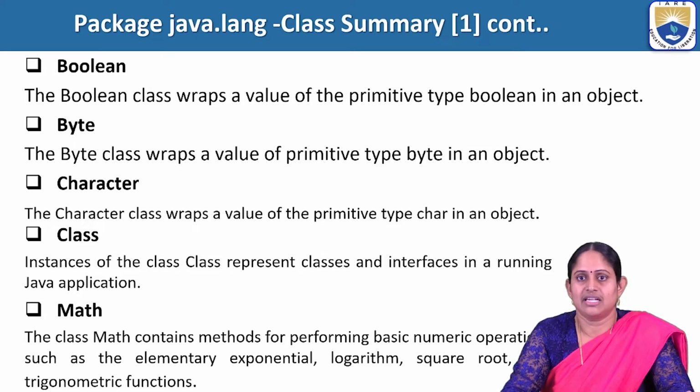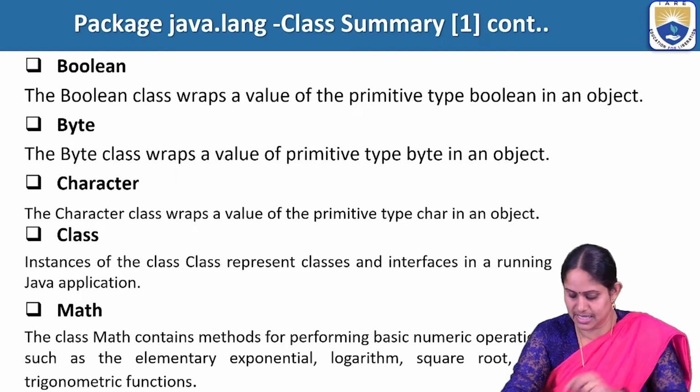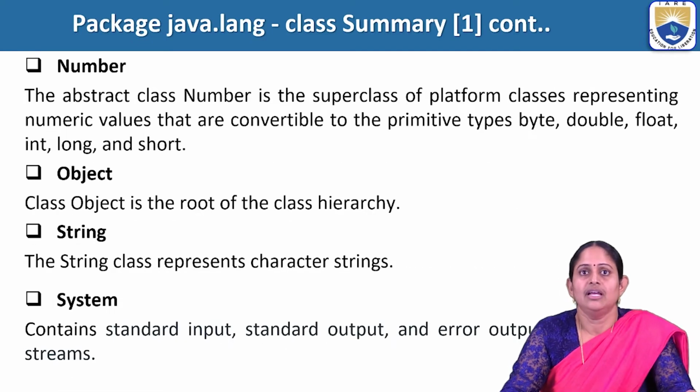The Math class contains methods for performing basic numeric operations such as exponents, logarithms, square root, trigonometric functions, etc. The abstract class Number is the superclass of the platform classes representing numeric values that are convertible to the primitive types byte, float, long, int, and short.